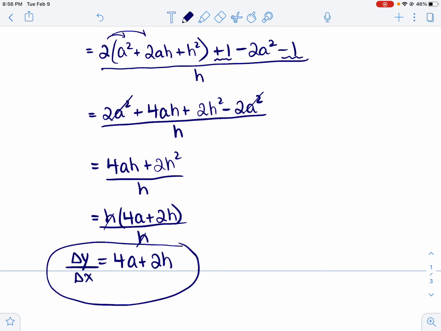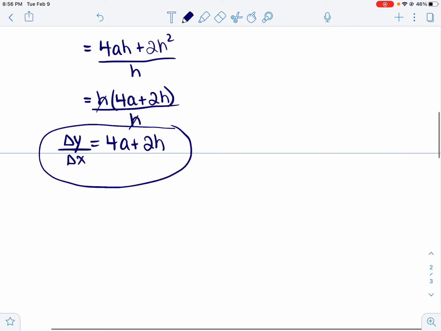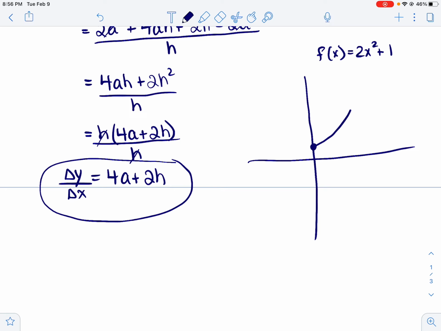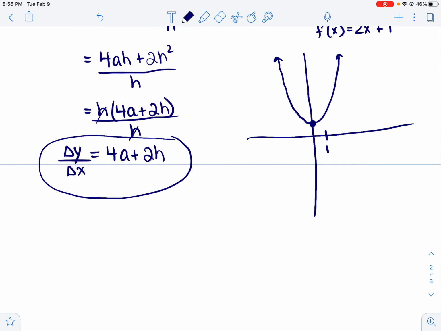So if I wanted to find the average rate of change between, what do we say, 1 and 3 seconds. Let me just sketch this out for you. So I've got a graph. My original function is 2x squared plus 1. So that's going to be something like this. It's a parabola. So if I'm trying to find the average rate of change between 1 and 3, so 1, 2, 3, I'm trying to find the average rate of change between this point and this point.